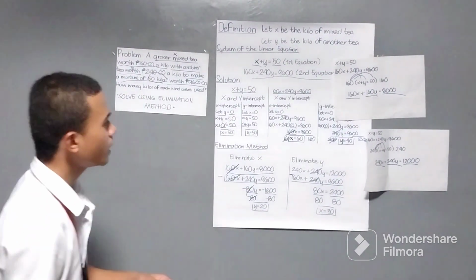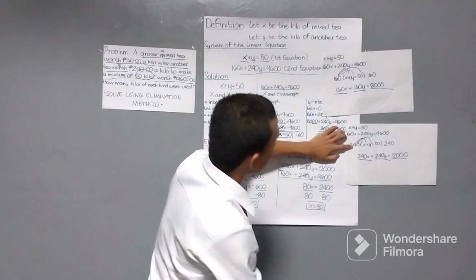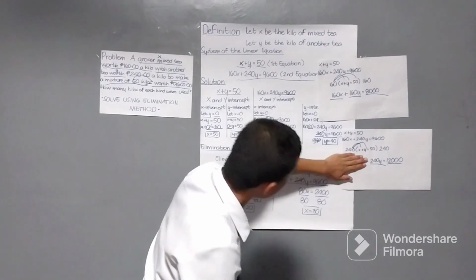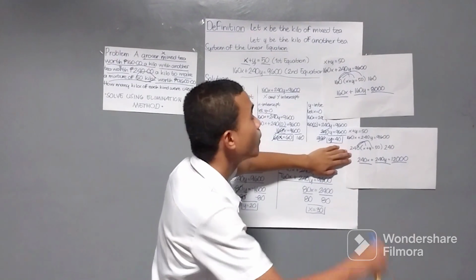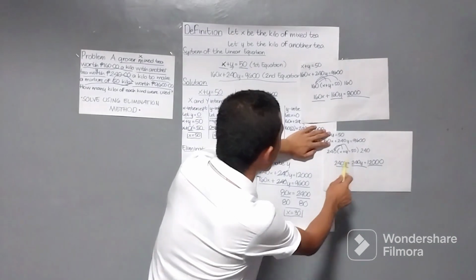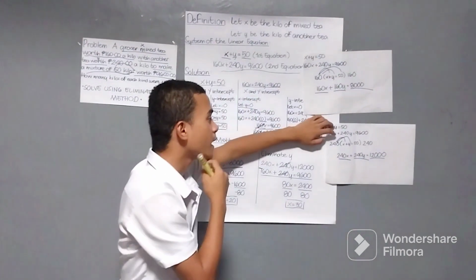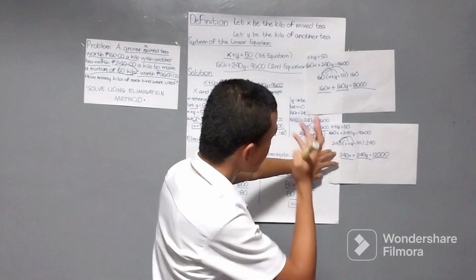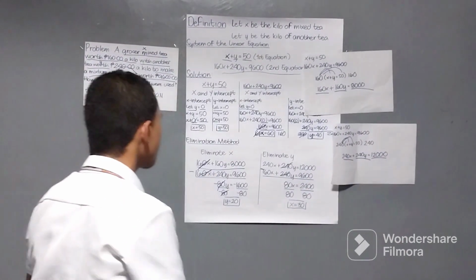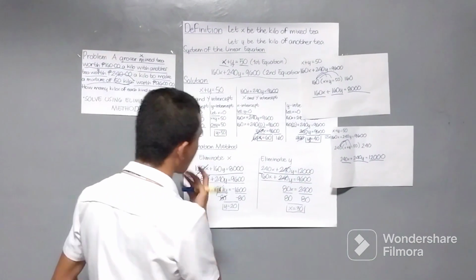Now to eliminate y, what we did here is also done here. You put the first equation and multiply both sides by 240 and transpose it. So 240 times x is 240x, plus 240 times y is 240y, and 240 times 50 is 12,000. That's why we come up with this answer. Now we subtract that.